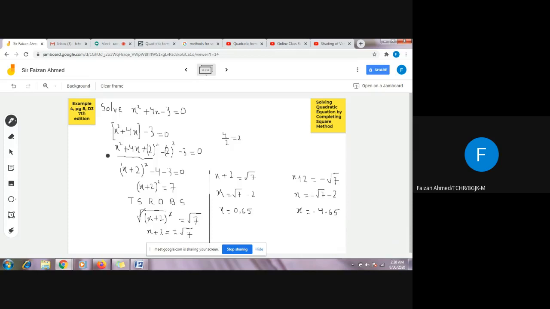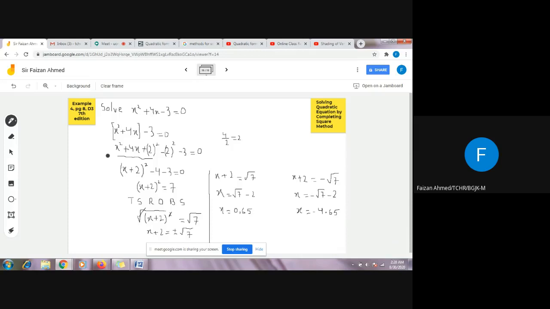The factors are in decimals, and you will not be able to make the factors correctly. You might look at 4 and 3 and say that 3 and 1 are the factors, but they are not. You have to make sure of the sign as well. When applying the middle term breaking method, you will not be able to make the factors very easily. So we are not going for factorization, because when the factors are in decimals, we cannot make factors.